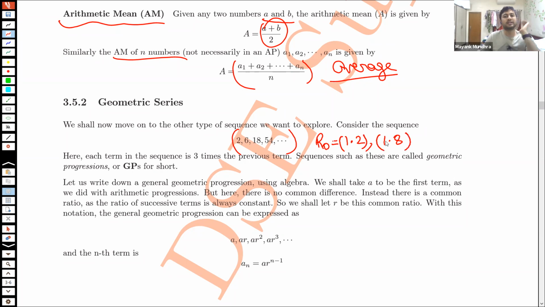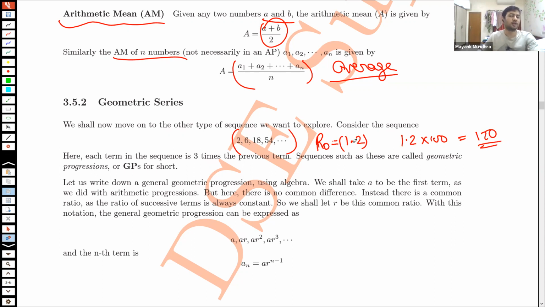R0 is basically the number of people who will be infected next fortnight. So if you have an R0 value of 1.2, suppose you have 100 cases right now, in 2 weeks you will have 1.2 into 100 cases, which is basically 120 cases.